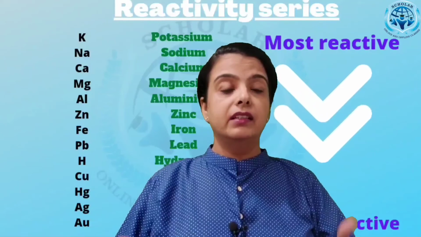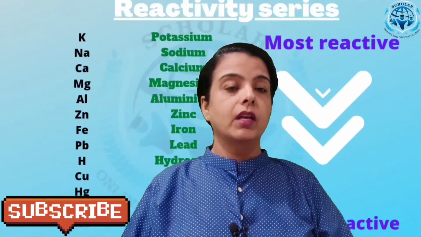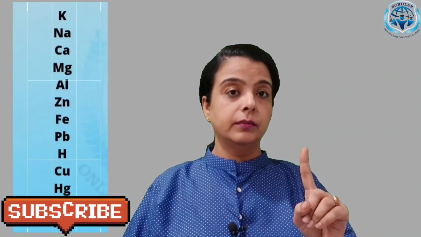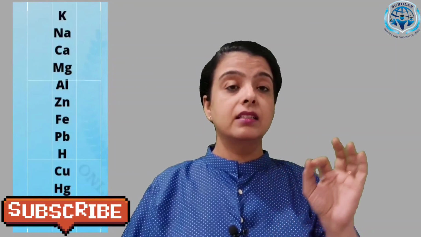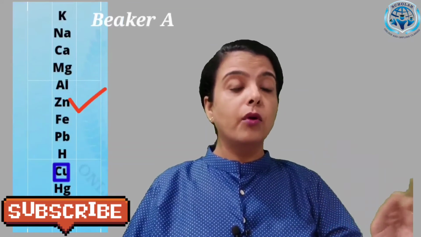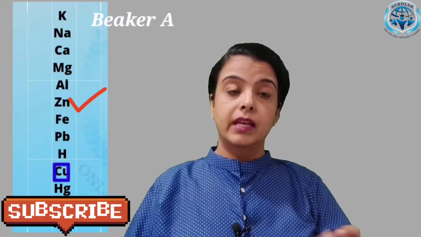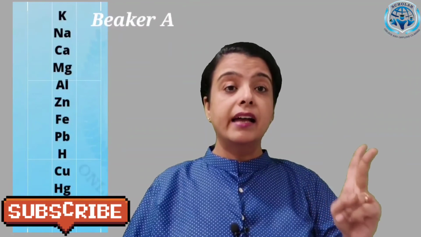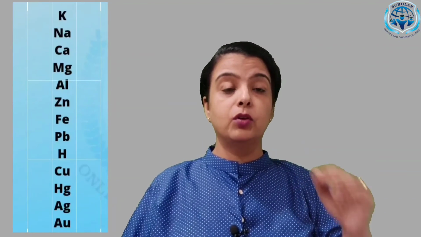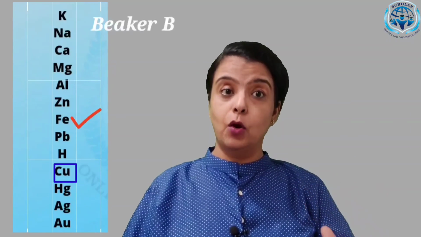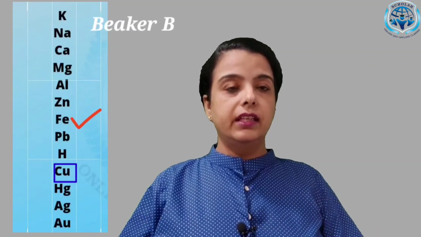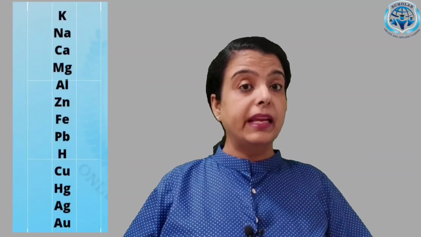Let me explain the observations. In the first beaker, zinc replaces copper, as zinc is more reactive than copper. In the second reaction, iron replaces copper because iron is more reactive than copper. In beaker C, copper could not replace zinc.